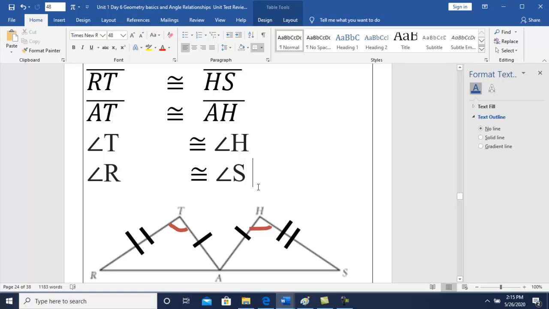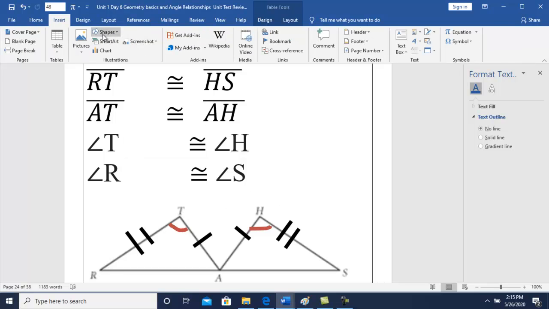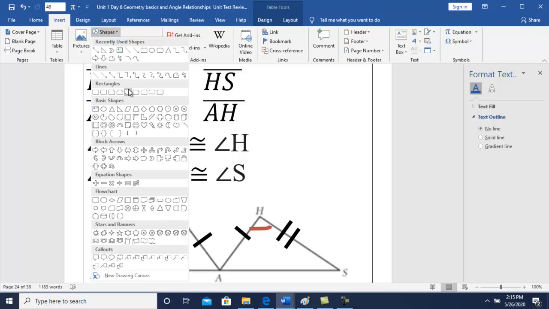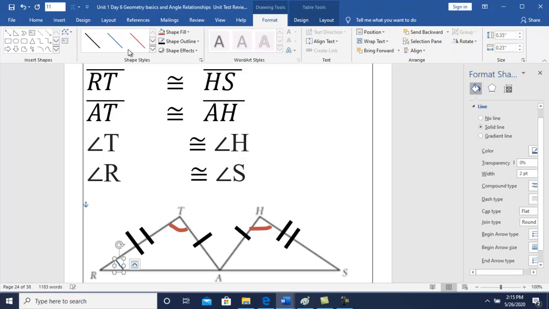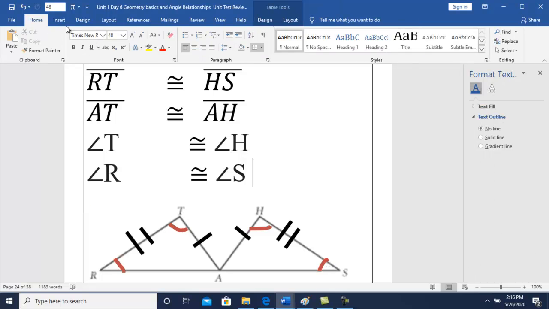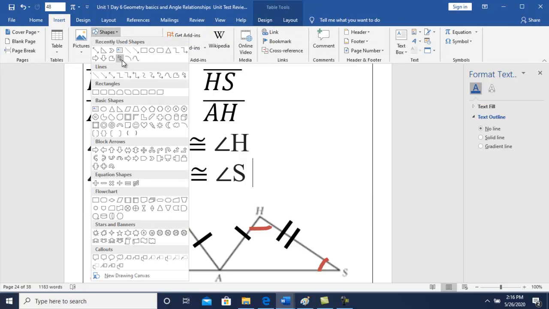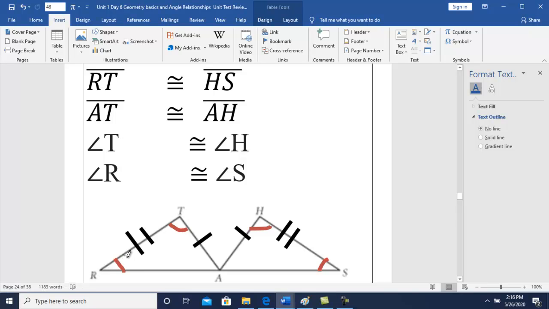Now we're going to do R and S. We'll do 2 arcs for that one. Remember, you're going to have 2 arcs here because we have to make a distinction, since T and R are not congruent.